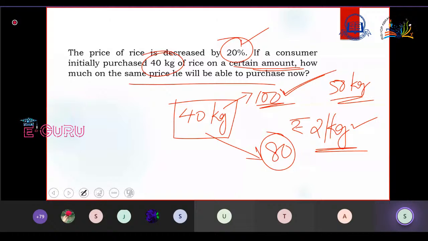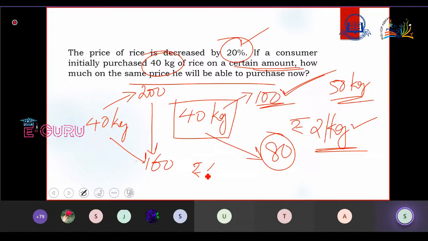Instead of 100, suppose if you are taking 200, what will be the answer? Let's see. So we will assume that for 40 kg, initially it was 200 rupees. Now 20% discount means 20% of 200. That means 40 rupees reduced, right? That means now you need to pay only 160 rupees for 40 kg. So 40 kg 160 rupees means 1 kg 4 rupees, right?